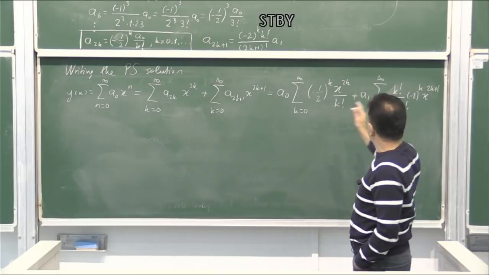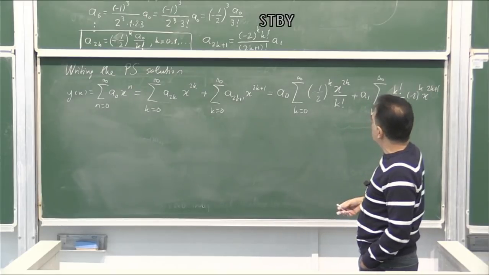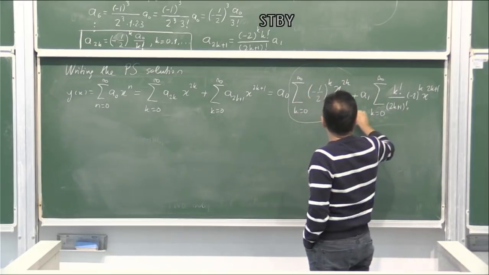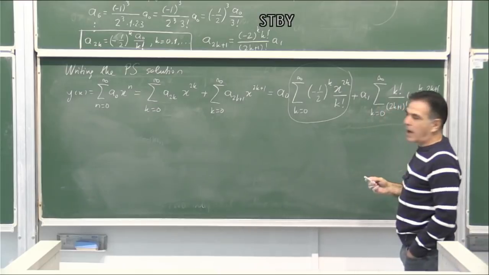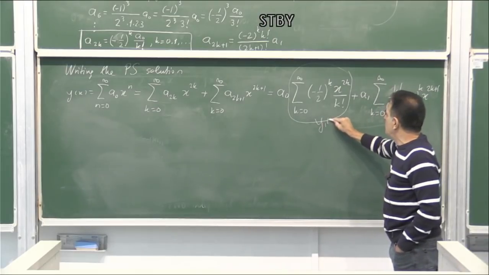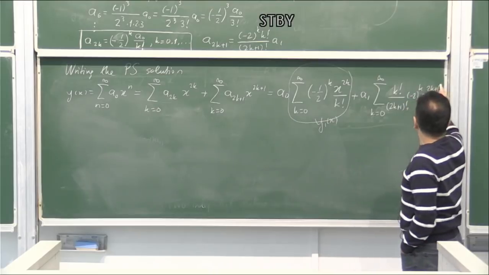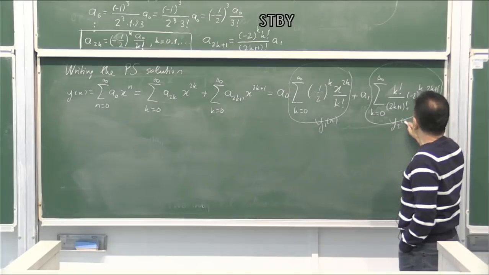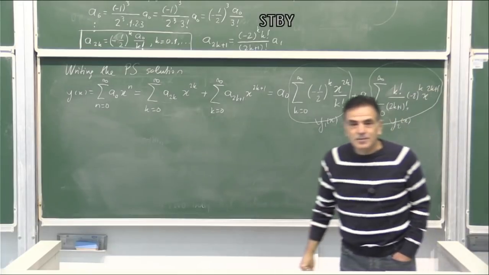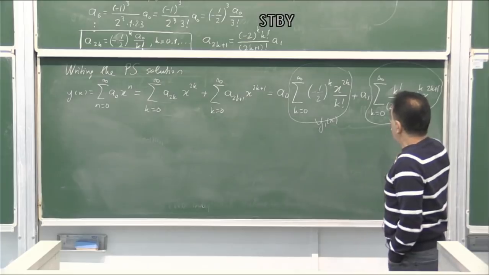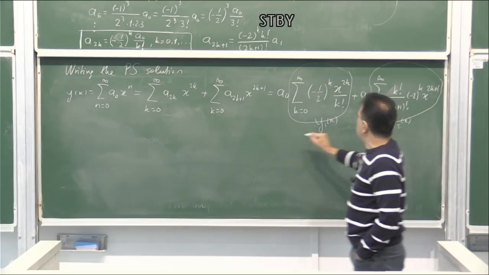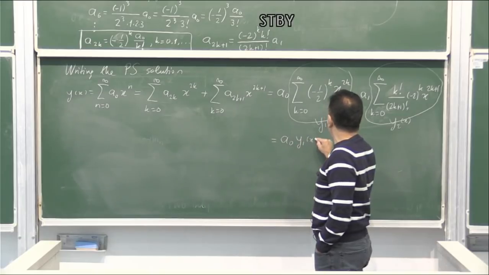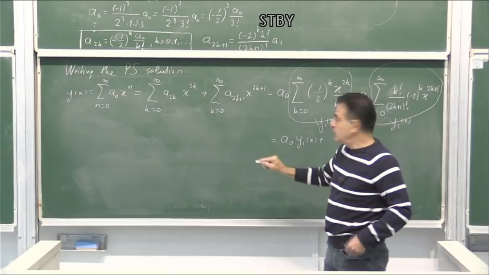Okay, so we write down the two solutions in the form of a power series. Look. So this is the power series expansion of the first solution. And this is the power series expansion of the second solution. Good. And therefore, the solution is the combination of two solutions, as we expected from the general theory.